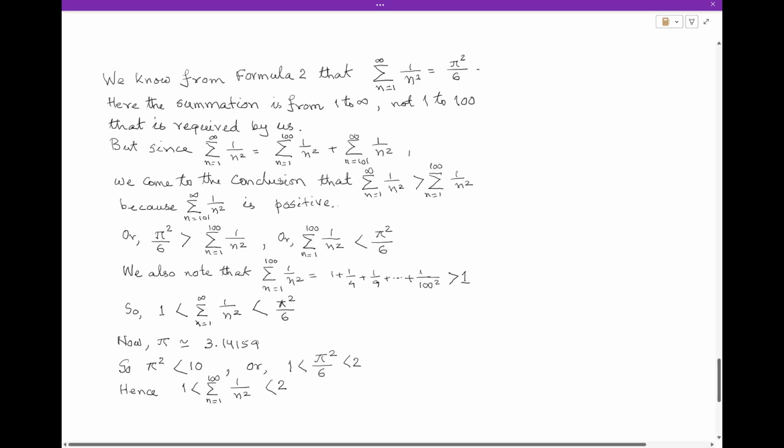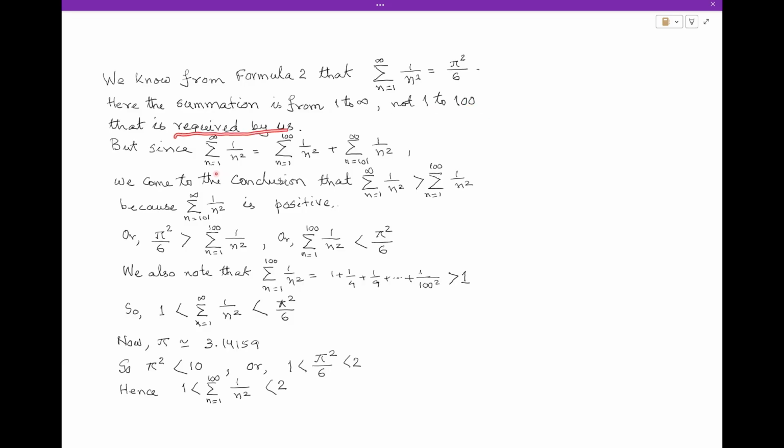However, we know from formula 2, which we had written down at the start of the video, that summation n is equal to 1 to infinity of 1 by n squared is pi square by 6. Here, the summation is from 1 to infinity, not 1 to 100, that is required by us.